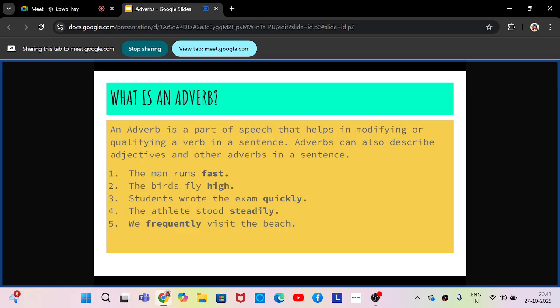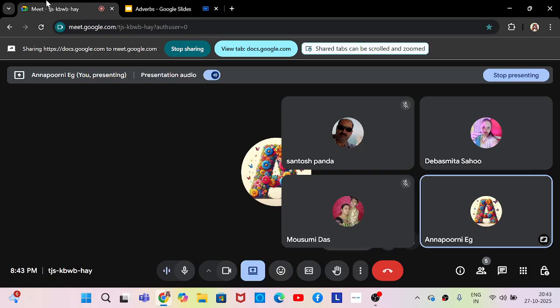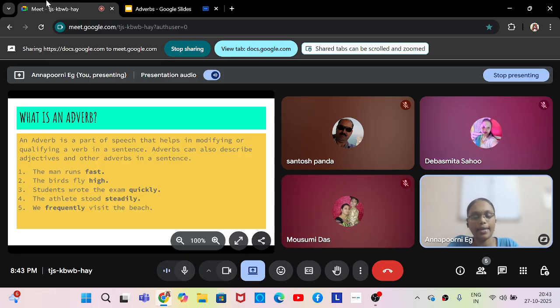Then next one. The athlete stood steadily. So who is an athlete? Someone who runs. A runner is called an athlete. So here we can see the athlete stood. How did the athlete stand? Steadily, meaning to say that he was balanced.